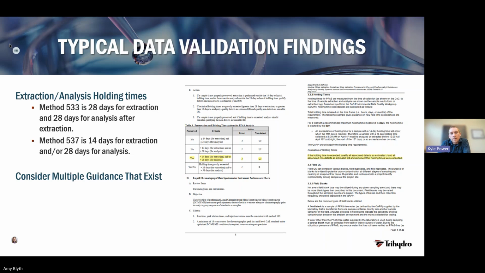Another point: consider the multiple guidances that exist, because you never know. The EPA could come out with their national functional guidelines for PFAS in general, which could be completely different than the individual methods, and that could be completely different than this Department of Defense guidance. So just be aware that some of these things may change over time when it comes to validation. Next slide.